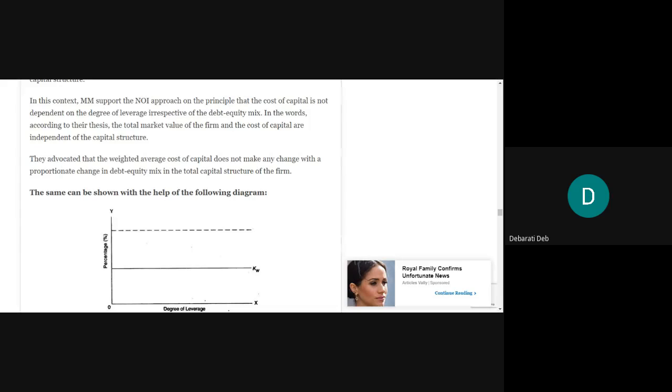In this context, MM support the NOI approach on the principle that the cost of capital is not dependent on the degree of leverage, irrespective of the debt equity mix. In other words, according to their thesis, the total market value of the firm and the cost of capital are independent of the capital structure.